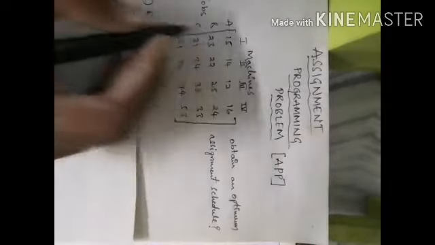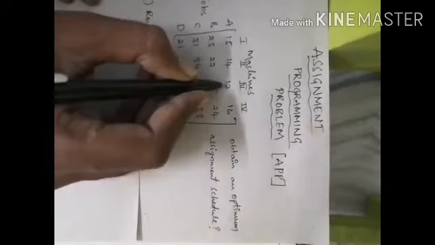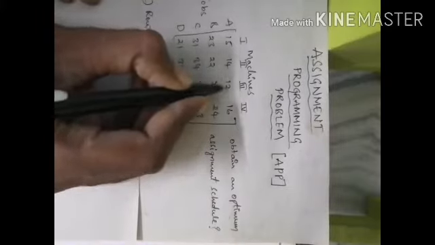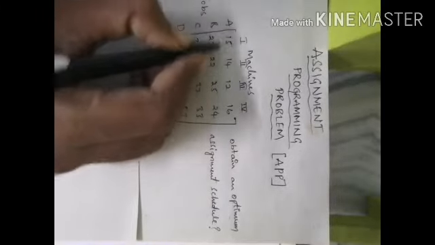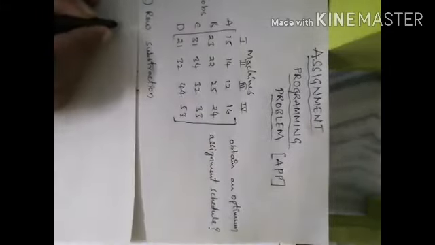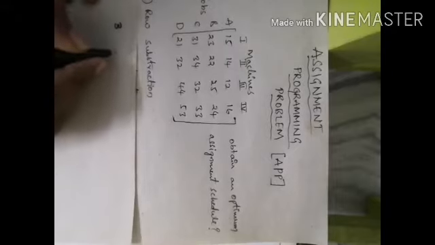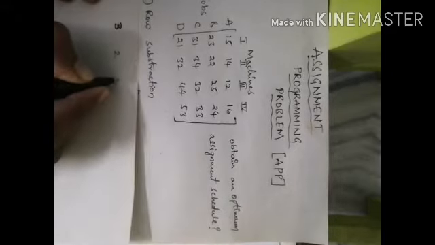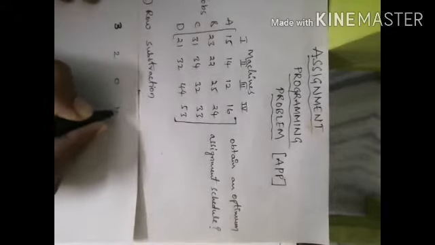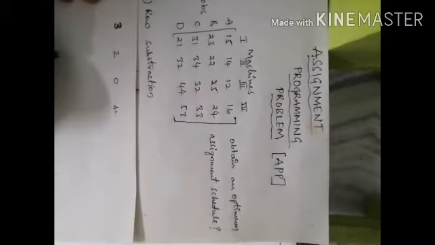For the first row, 12 is the minimum value, so subtract it. 15 minus 12 is 3, then 14 minus 12 is 2, 12 minus 12 is 0, 16 minus 12 is 4.